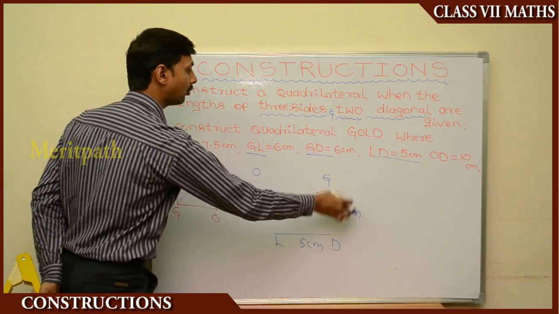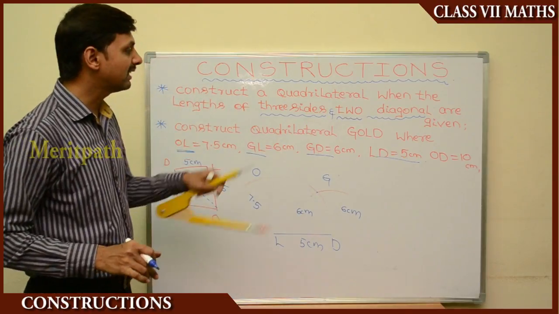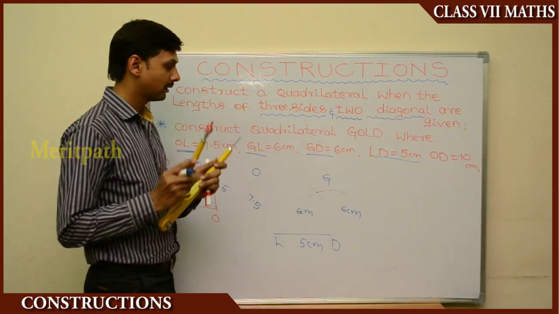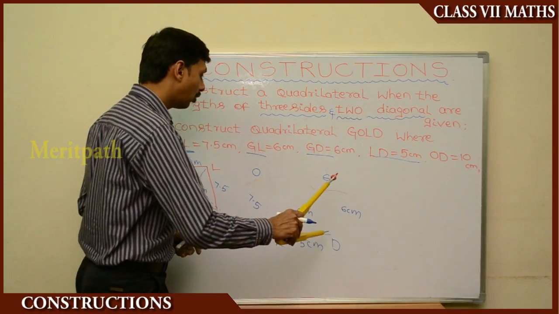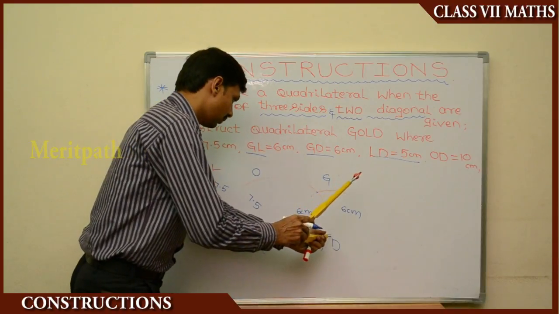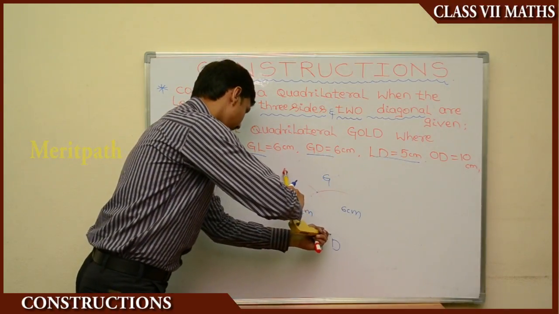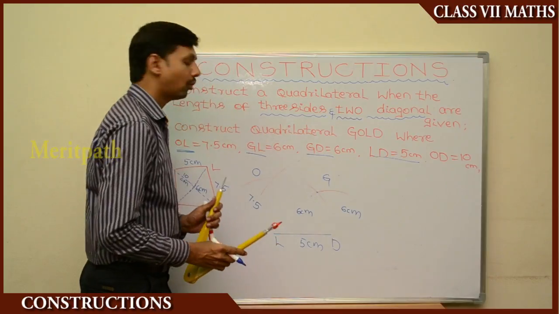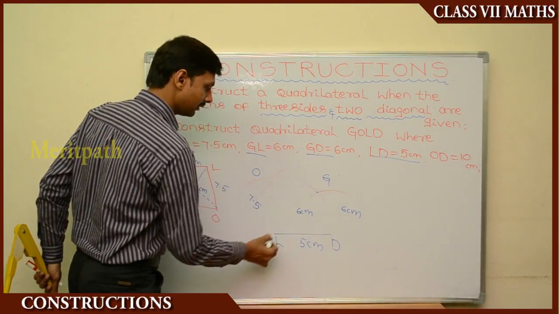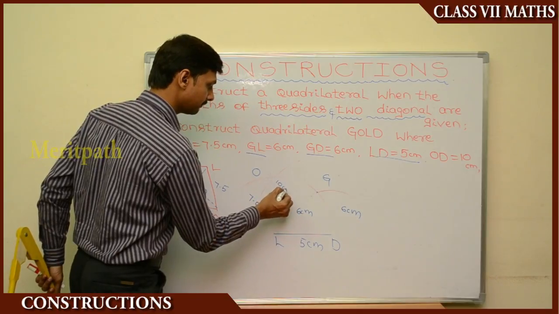So 4 measurements completed. OD is left. So let's take 10 centimeters radius on compass, and OD with O and D we need to join, 10 centimeters. So OD we join, O to D, and this is 10 centimeters.